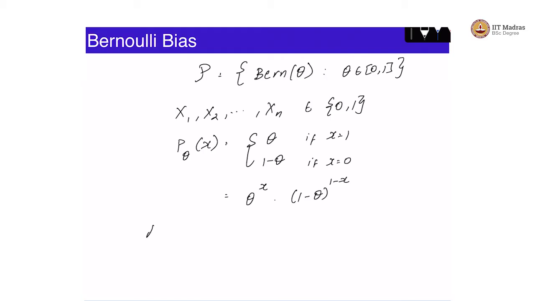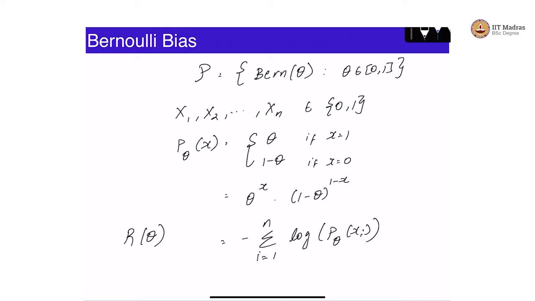Now let's write down the negative log likelihood, which is R of theta, which is minus sum over i equal to 1 to n of log of p theta of xi. Let's copy this and continue on the next page.